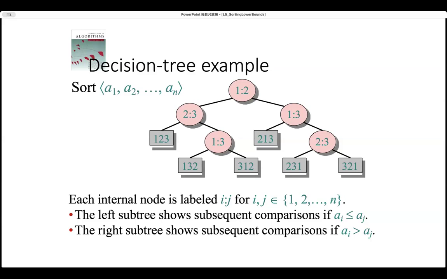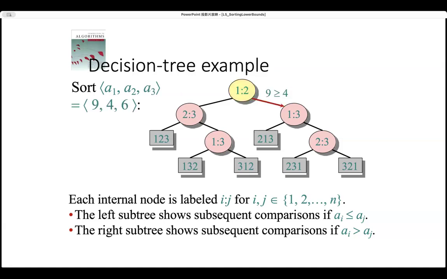So it'll be 6, 1 times 2 times 3. So you see we have 6 leaf nodes here. And when n grows, this leaf node number grows very fast. When you have 4 numbers, it will be the factorial of 4, so 6 times 4, 24 leaf nodes. So you are going to end up with a big decision tree, and if n increases, this decision tree is going to become bigger and bigger.